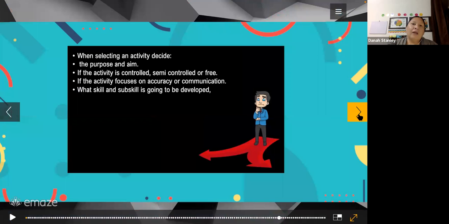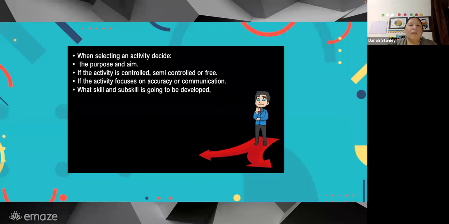When we select the activity, we need to decide on the purpose and the aim, what type of activity it will be, in case I need to adjust and transform the exercise: if they need a more controlled or semi-controlled activity, or if I'm going to take it as a production.